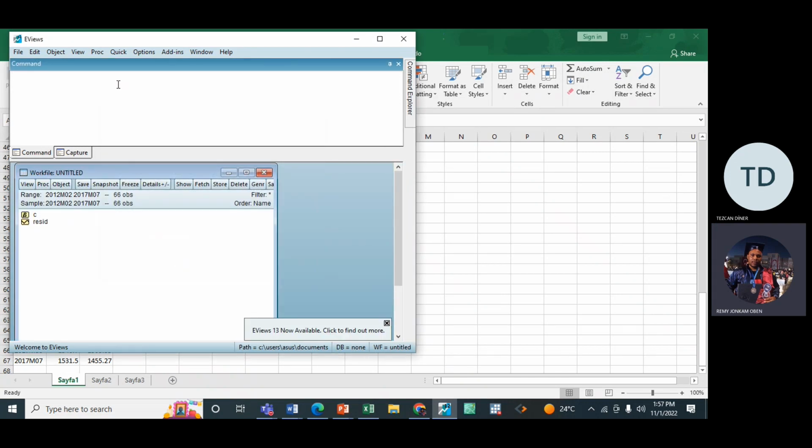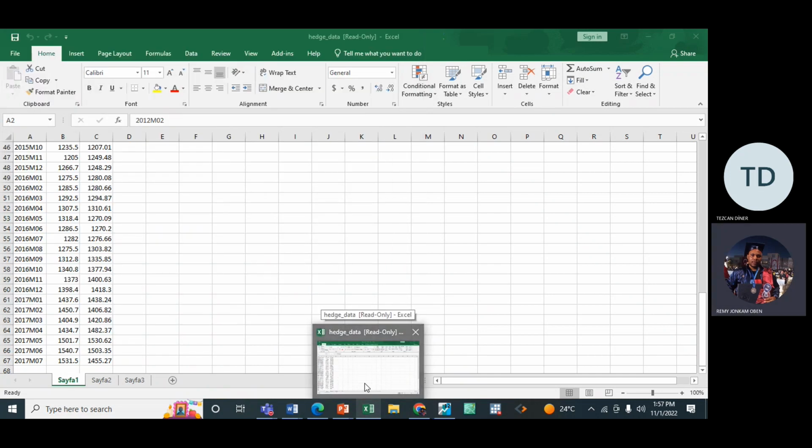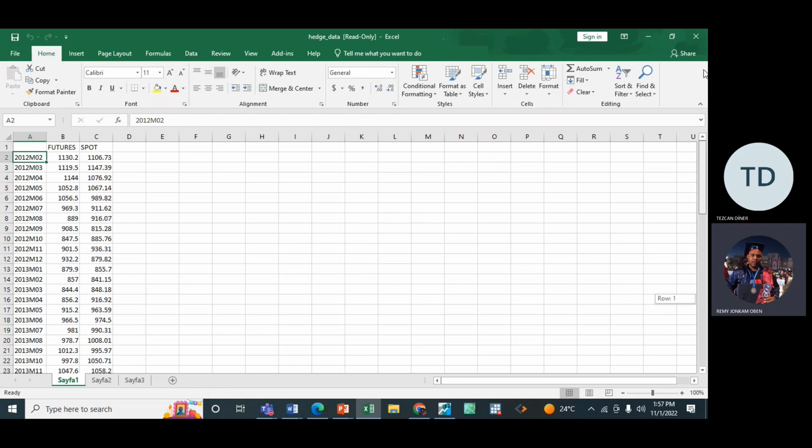Now I need to import the data, right? And like I showed you, just write the command data, and you write the variables. We have two variables, spot and futures, right? But if you see on Excel here, it is futures before spot.